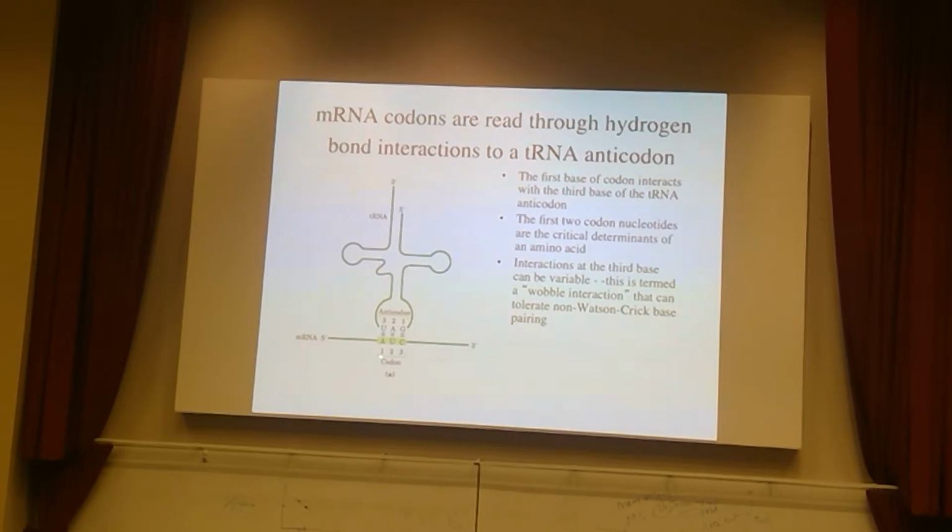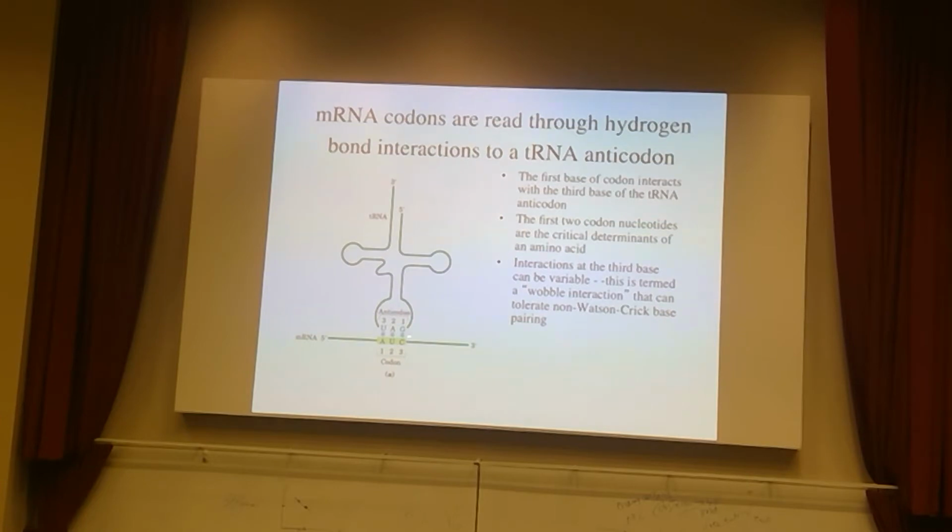This interaction at the first position, this interaction at the second position, this has got to be the right Watson-Crick base pair exactly. It turns out that this third position in the codon, the first one in the anticodon, you can get it kind of right.